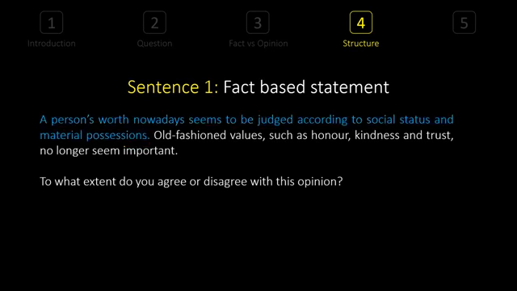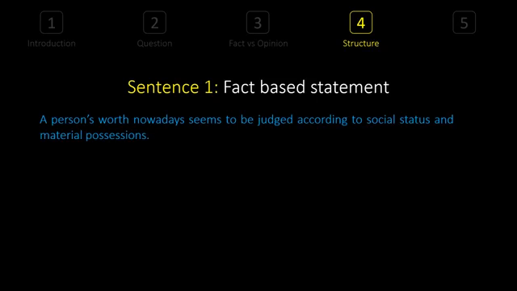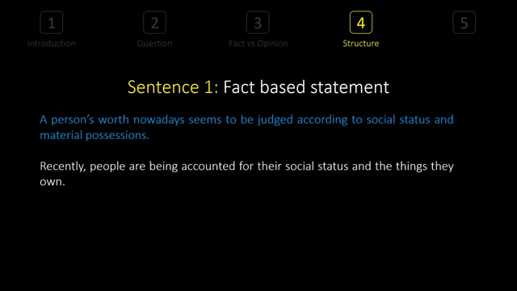Now look, this is fact-based. I'm going to get rid of the rest of it, and I'm going to provide you an example fact-based sentence, which could be our first part. So we have 4 parts in an introduction. This would be the first sentence in the introduction. Recently, people are being accounted for their social status and the things they own. What did I do here?